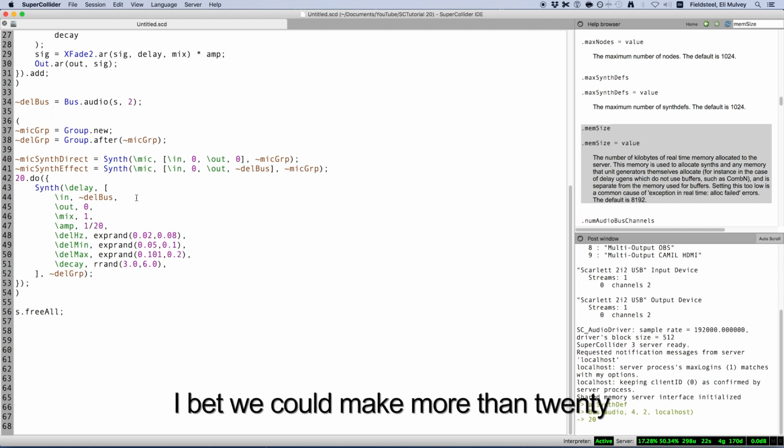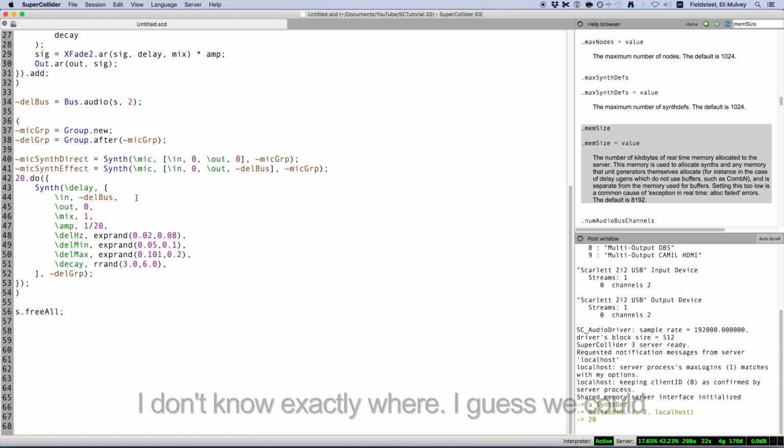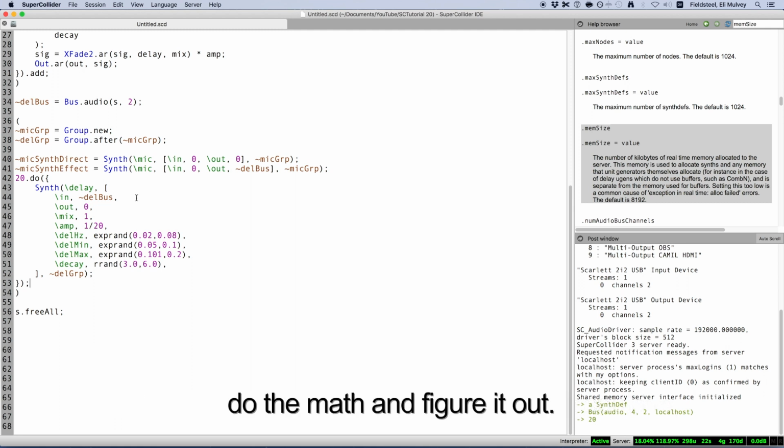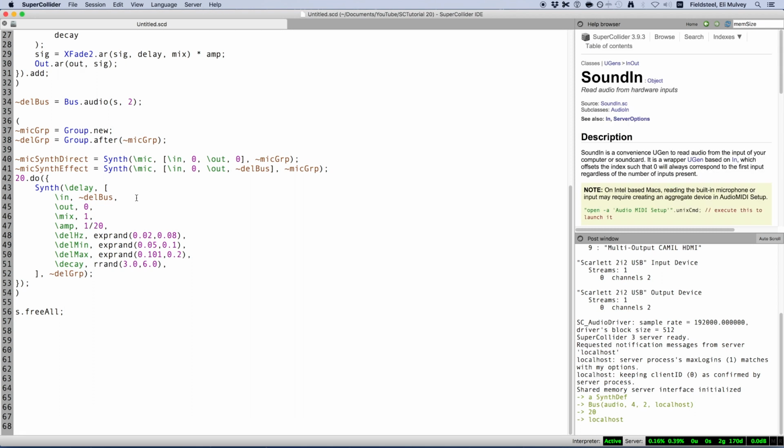I bet we could make more than 20, but of course there's going to be an upper limit somewhere. I don't know exactly where. I guess we could do the math and figure it out. But the point is, with this more generous memSize, we have significantly more freedom with using these delay UGens.